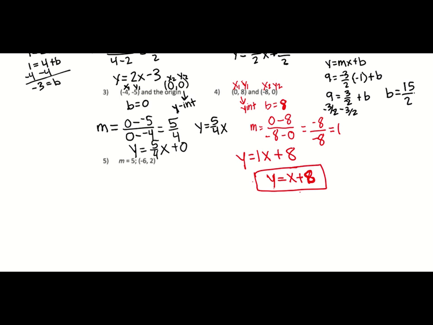Okay, we have one more example. In number 5, this one, it gives us the slope this time. Our slope is 5. And I have my point x, y. So I'm going to plug in what I know. Y is 2, m is 5, and x is -6.